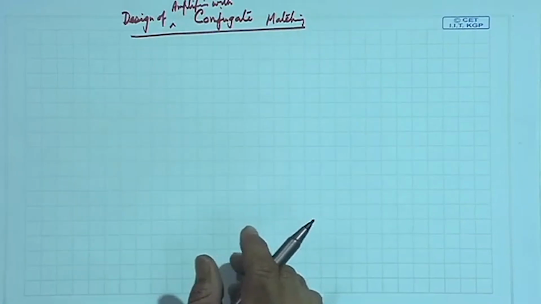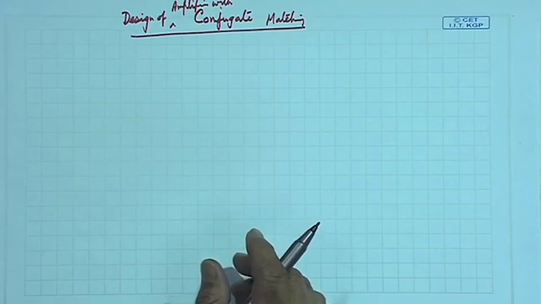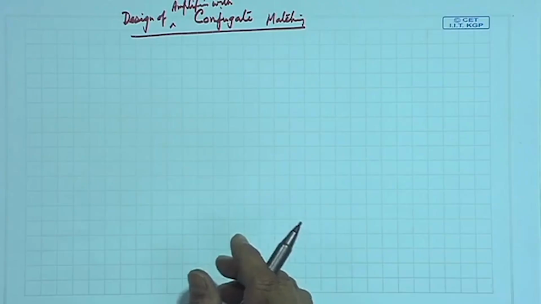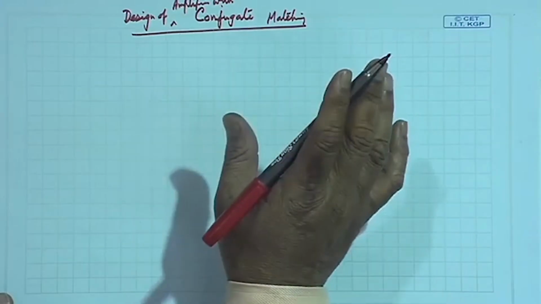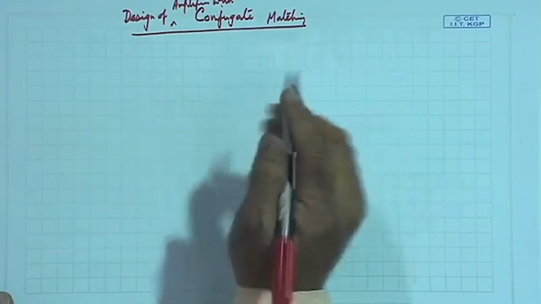So, we will do that design with conjugate matching, and you see that I have now made the stability analysis. I have chosen gamma S and gamma L ranges, etc.